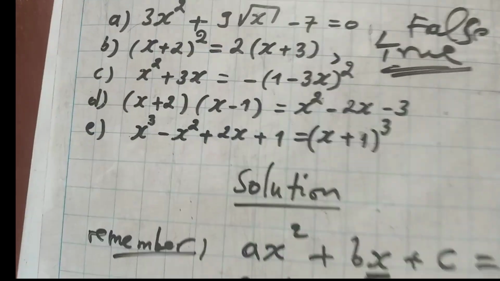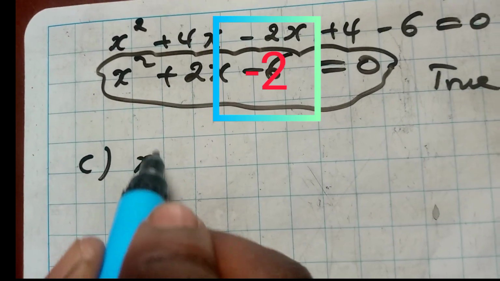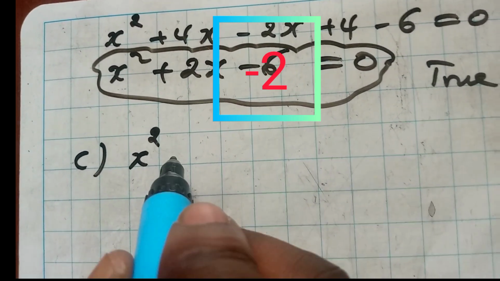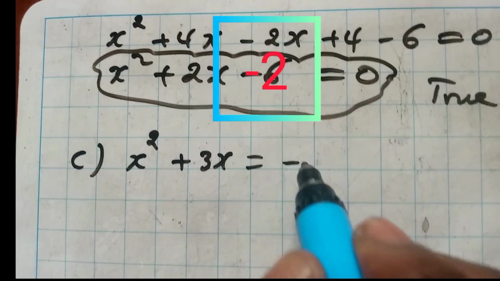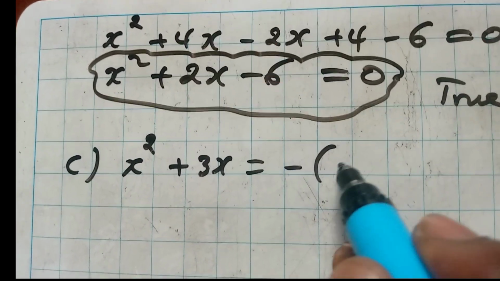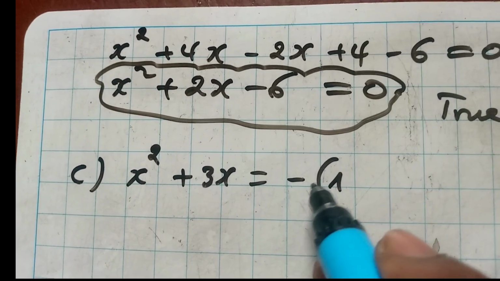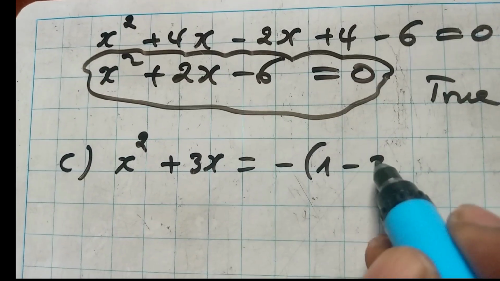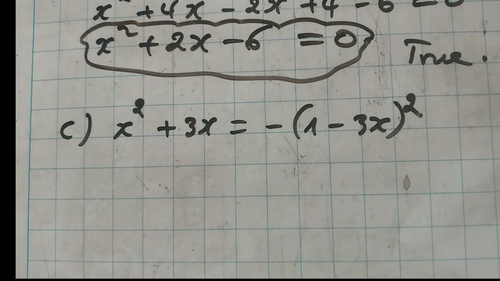Expression number C is like this one. Number C, we have x squared plus 3x, which is equal to minus (1 minus 3x), which is squared also.